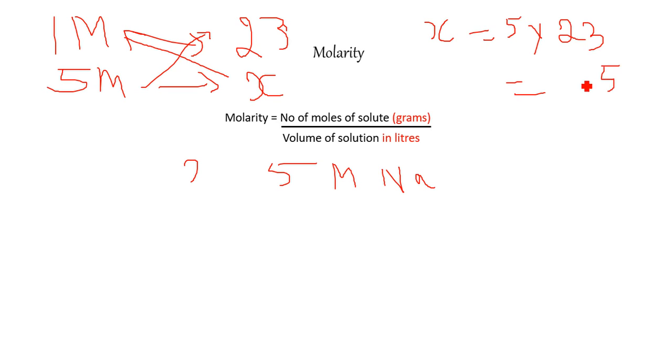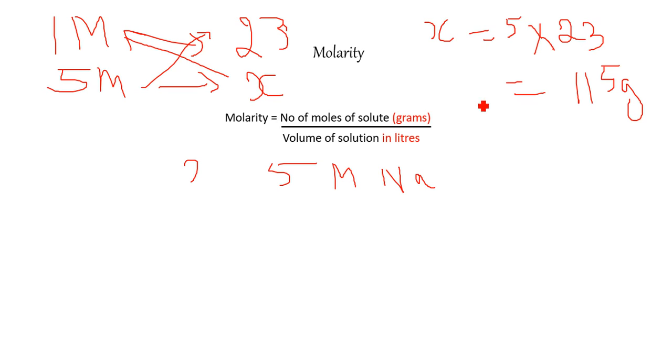I would advise you very strongly, when you have such simple calculations, even when you have not so simple calculations, you must use your own brain to calculate. Calculators are all good and fine, but then, you know, the saying of, if you don't use something, it starts to rust. Exactly. The same thing applies to your brain. Don't be fooled. Your brain needs to be used. Calculations are good for it. So 5 into 23, 115 grams.